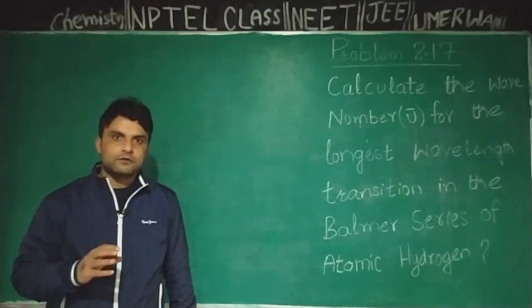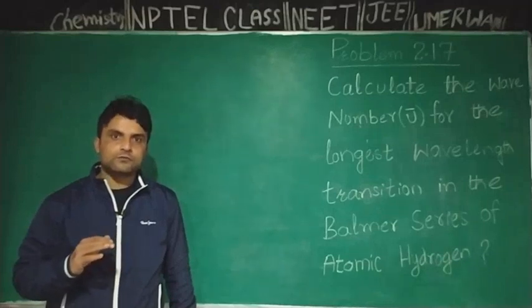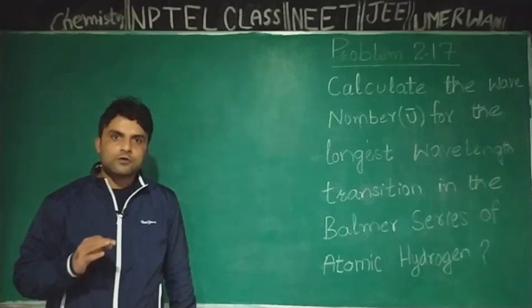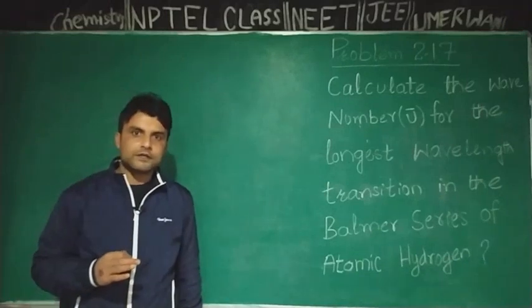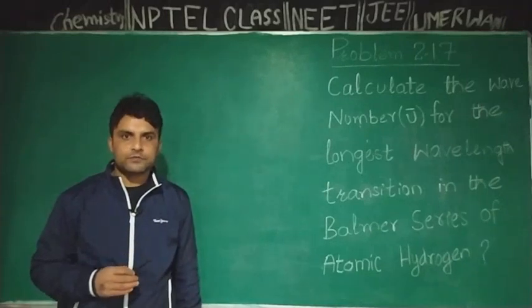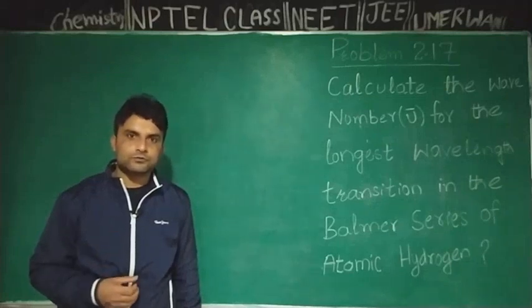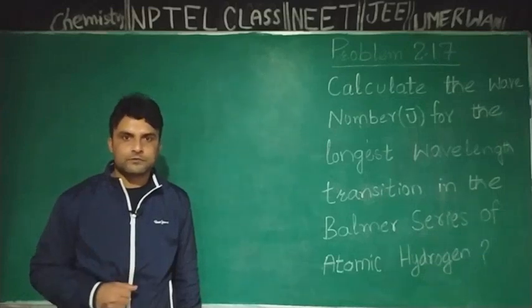I mean, the electron which is present in n equal to 1, the first orbit, will now be present in n equal to 2, let us suppose for hydrogen atom 1, in n equal to 3 for hydrogen atom 2, and in n equal to 5 for hydrogen atom 3.